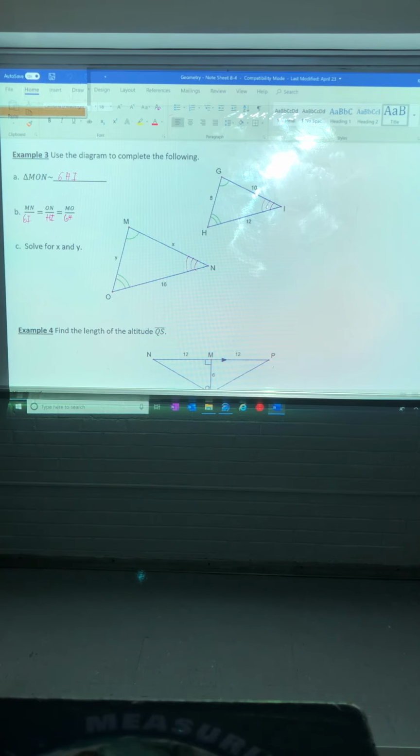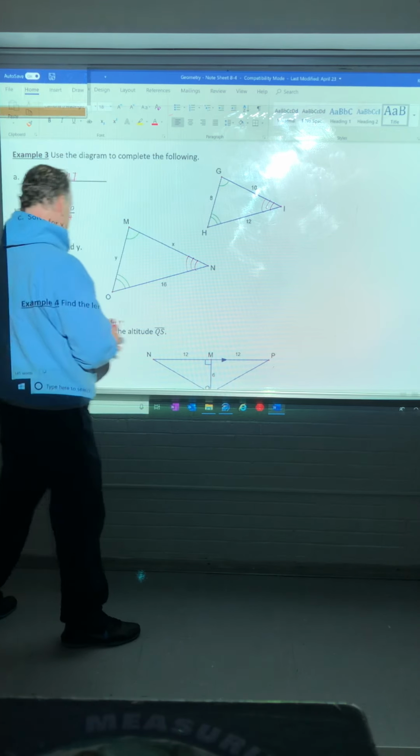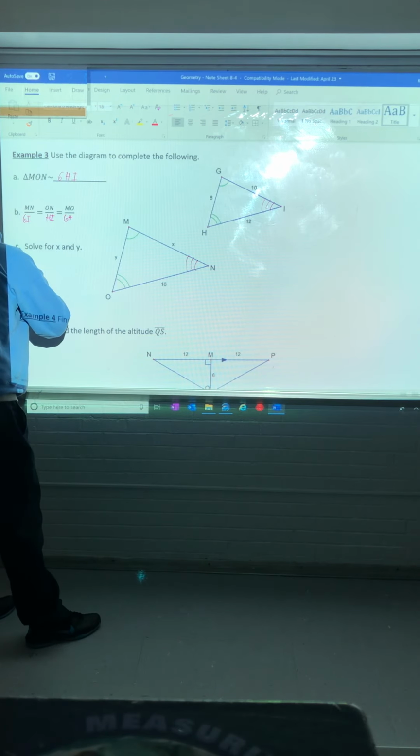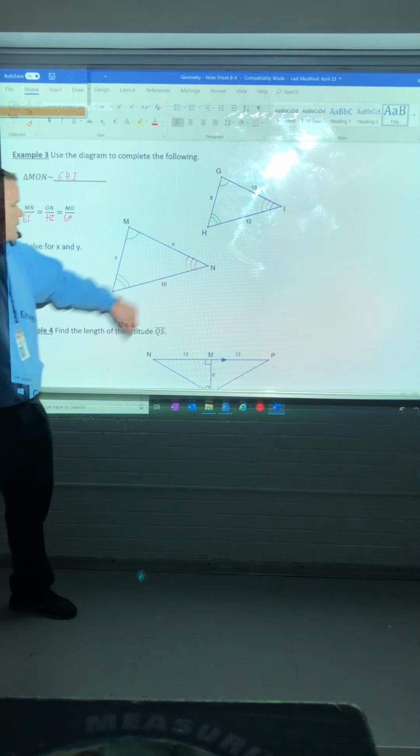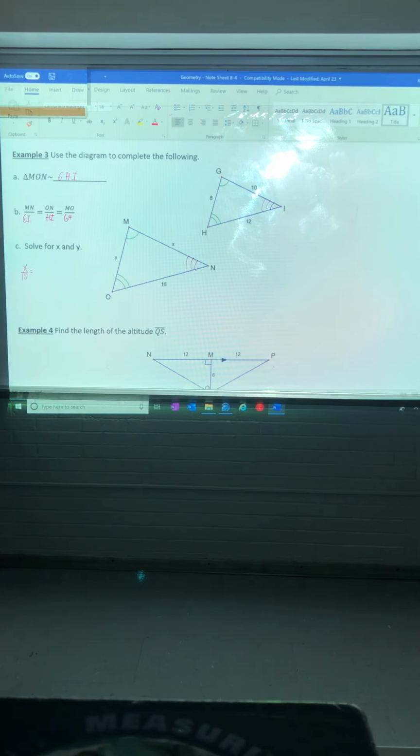And they want you to solve for x and y. Well, we know that MN is going to be in proportion to GI, so x is going to be over 10. And we can write our other one right here, ON is in proportion to HI, so that's going to be 16 over 12.